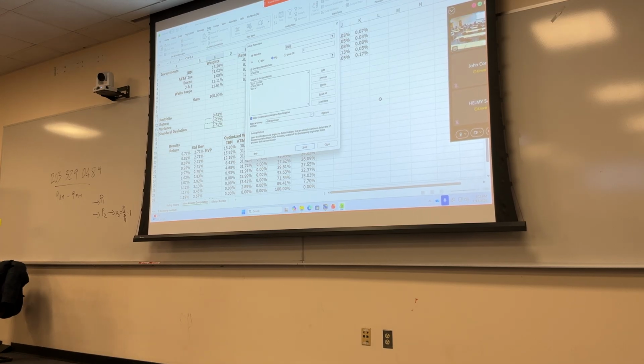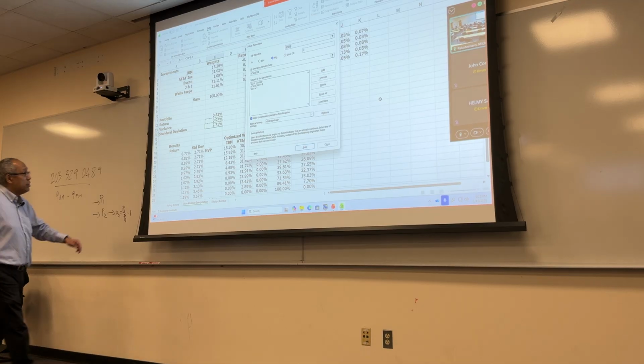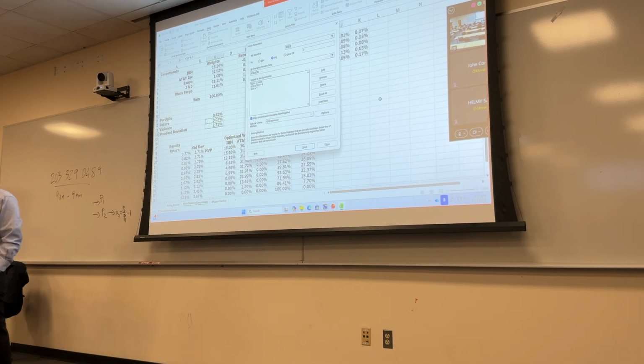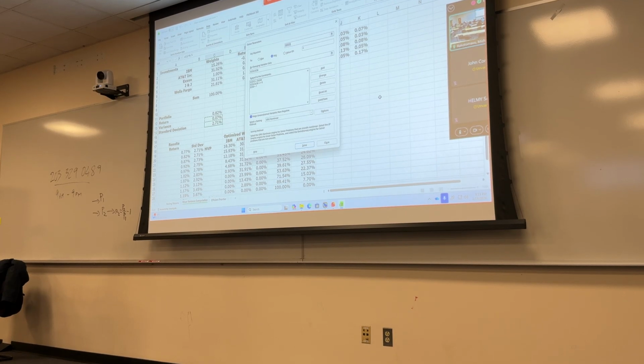Do we still want to find the weights that minimize the variance? Yes. But do you want the return to be 0.82%? In fact, do you want any sort of return at all? Do you have any target return when you look for the MVP?